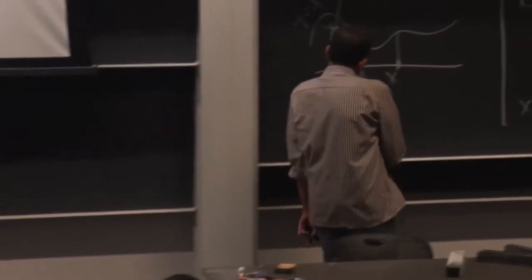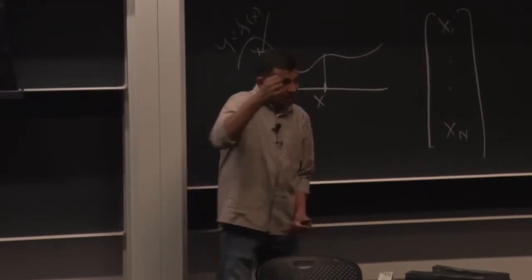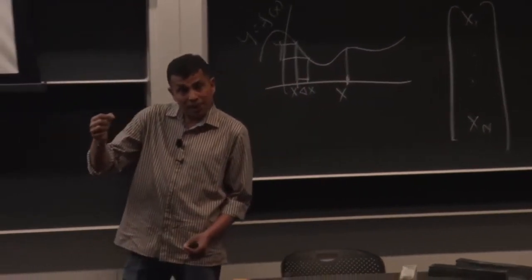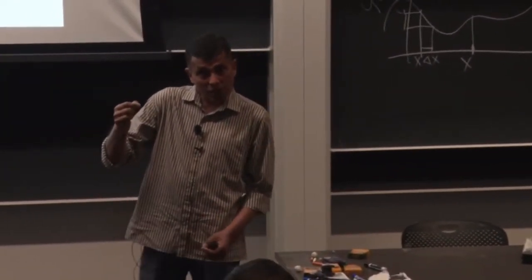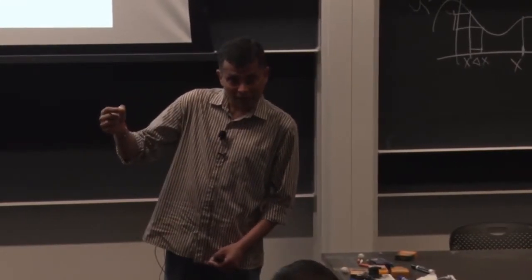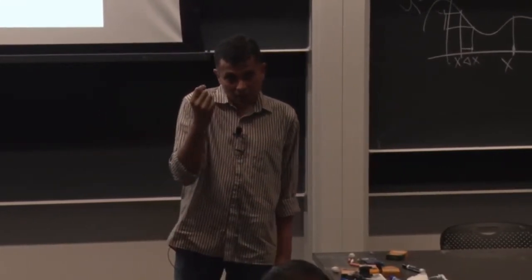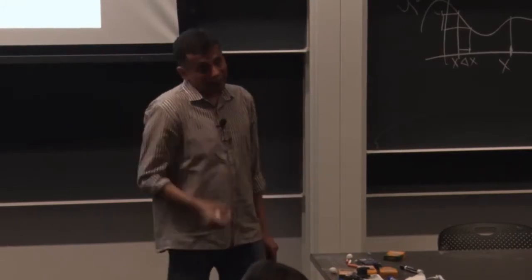So if this x now represents a vector, what would dx be? Delta x is also going to be a vector, correct? Delta x is going to be a small perturbation in every direction.